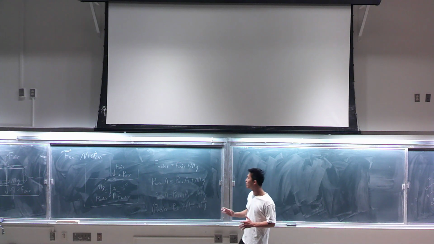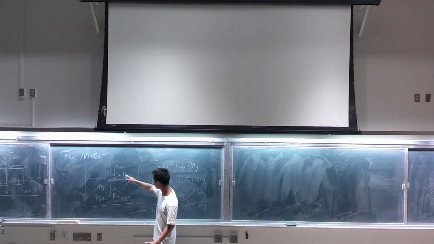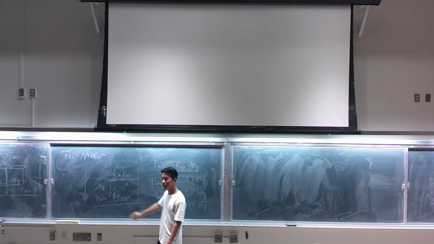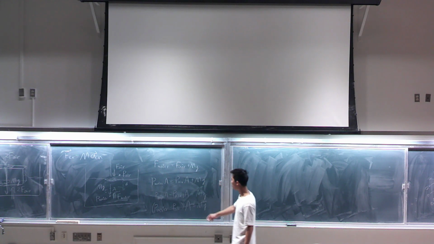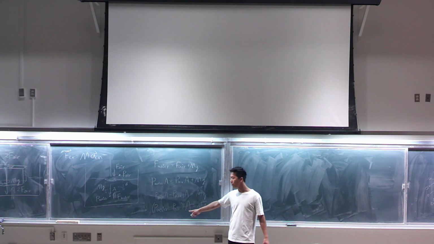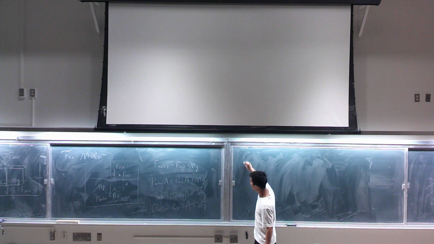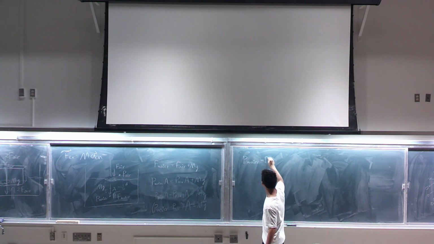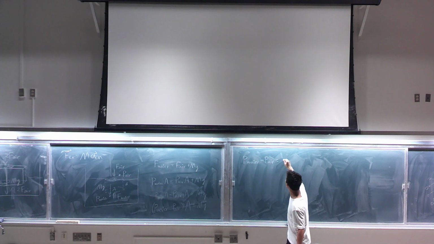Again, I'm interested in how the pressure changes at different locations. So I just want P water minus P air. What do I do with A? I move it to the other side, or I divide both sides by A. So I get the difference between the pressure is gravity divided by the area.